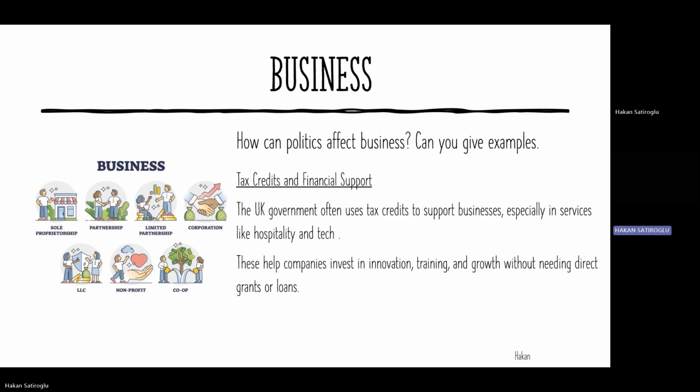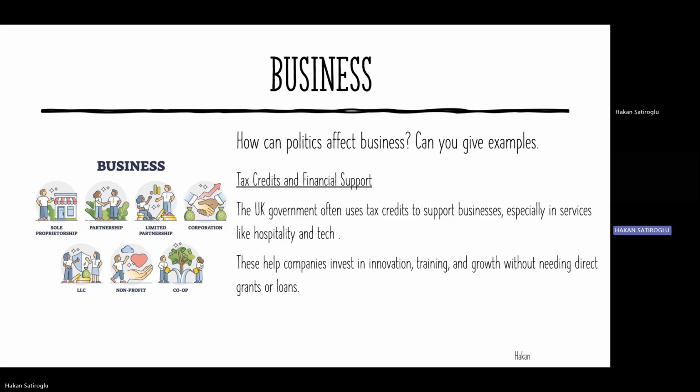Tax credit and financial support. I expect you to bring up the kind of tax credit and financial support governments are providing. The UK government, for example, often uses tax credits to support businesses, especially in services like hospitality and the technology sector. This support helps companies invest in innovation, train their employees, and grow economically or revenue-wise without needing direct grants or loans.